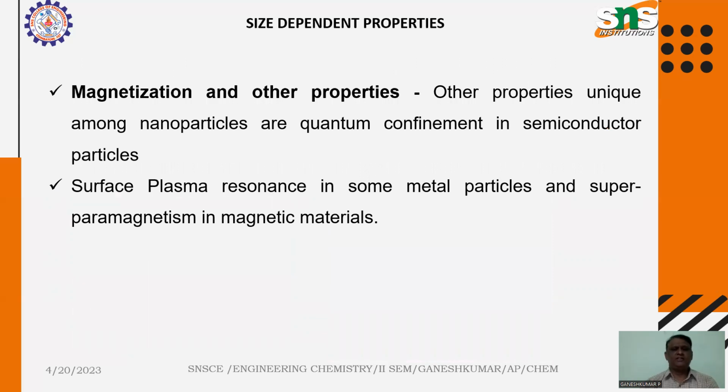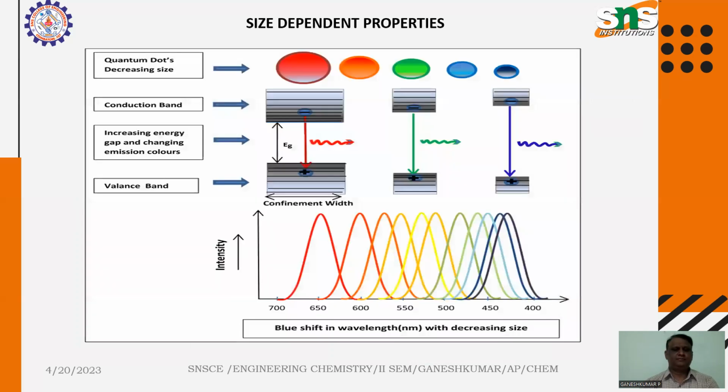Magnetization and other properties. These magnetic properties and other properties are very well explained by the quantum confinement effect or surface plasmon resonance, which helps to understand the semiconducting property of the nanomaterials and superparamagnetism of the nanomaterials.